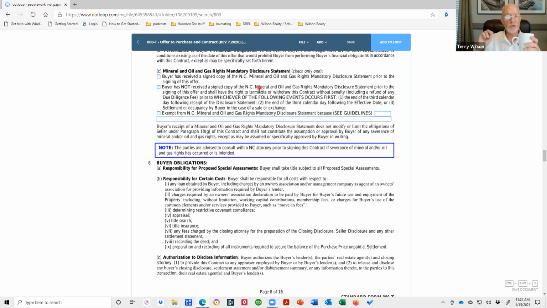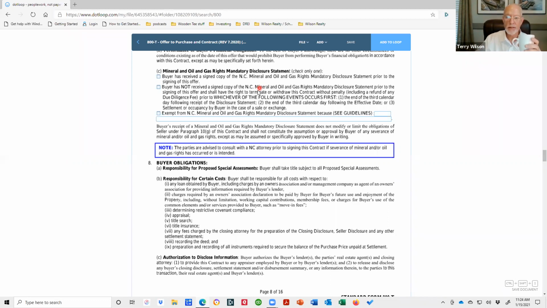If it is a piece of property out in the country, it is not required to be given. It is bizarre. Why they exempted raw land, I will never know, because that's where the mineral oil and gas is.